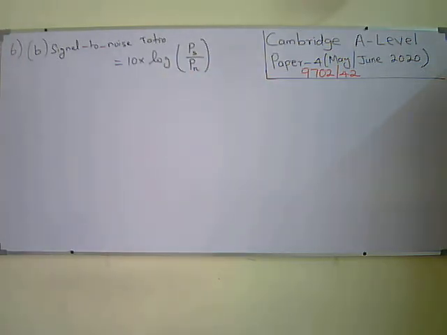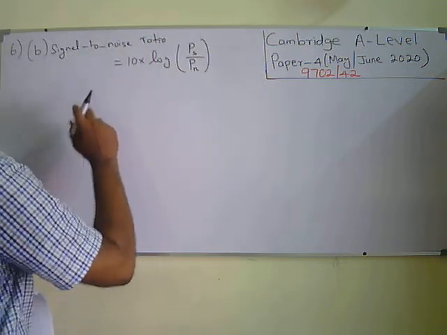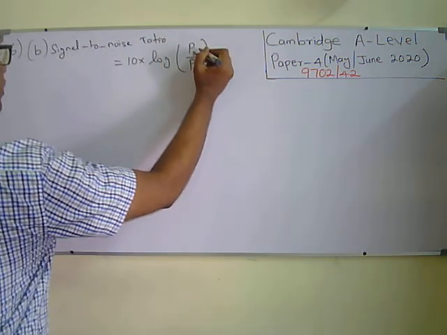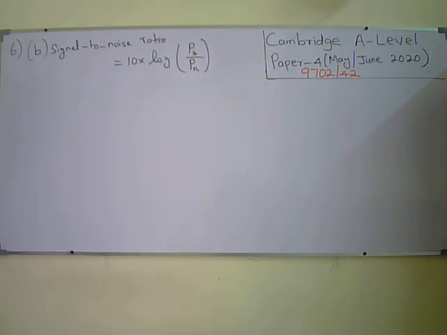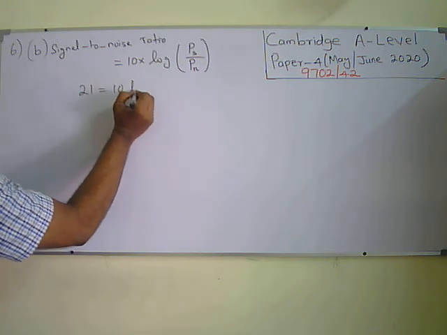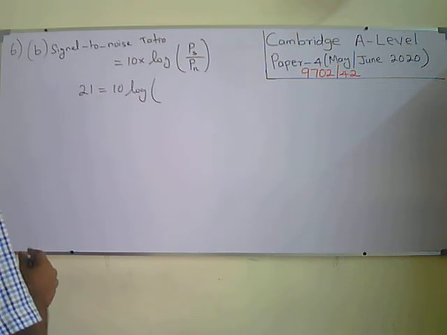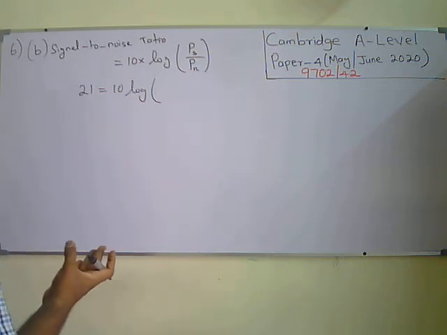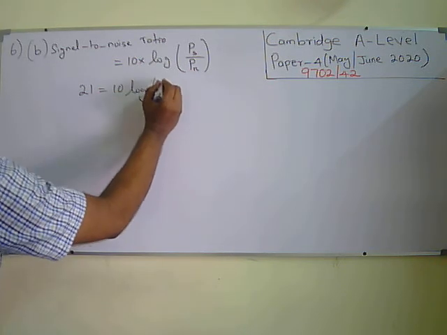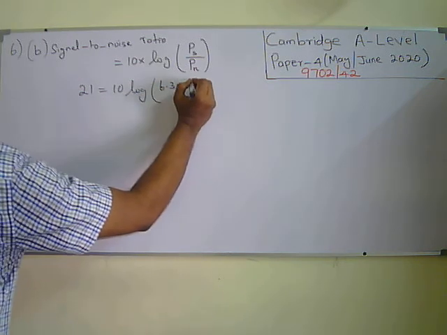That equation you must know. So signal to noise ratio is given as 21 equal to 10 log power of the signal, that's the minimum power of the output signal, which is given as 6.3 × 10^-17.